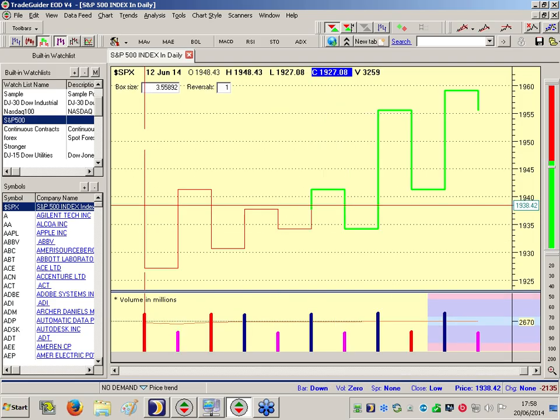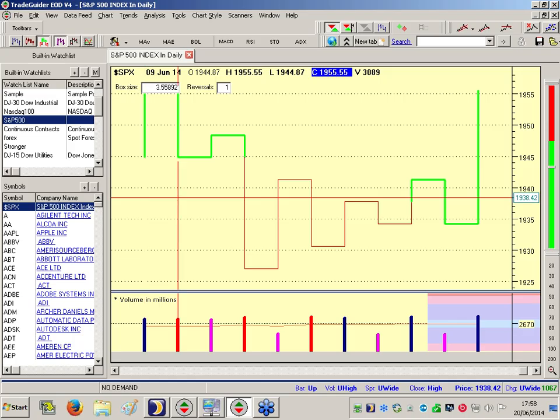Now, if we go back, look, on that little low, when it came off, there's the red bars showing that the volume has now become bearish. But, as I warned you last week, it can change very quickly.